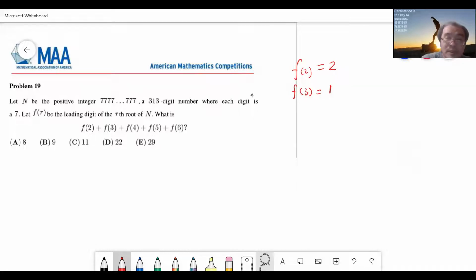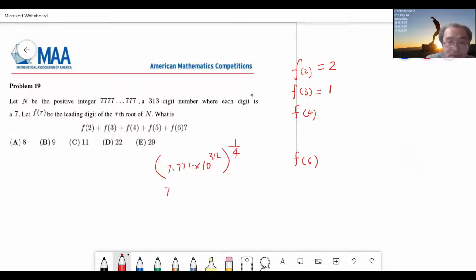So look closely at this. If we have F4 and F6, let's follow the same idea, right? Let's see F4. So F4 actually is 7.77 times 10 to the power 312, to the power of the 4th root.